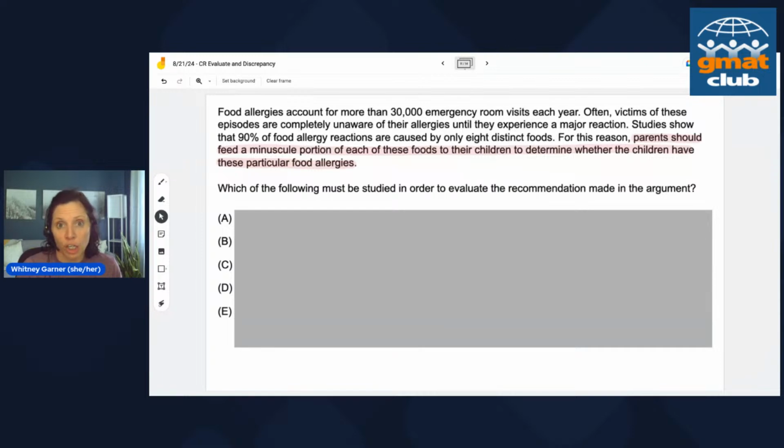That might not matter. What I want to think about is, what would I really need to know about? If I've got ideas, great. But more generally, my answer has to be something that's essential to the argument. It has to be asking about something essential to the argument.